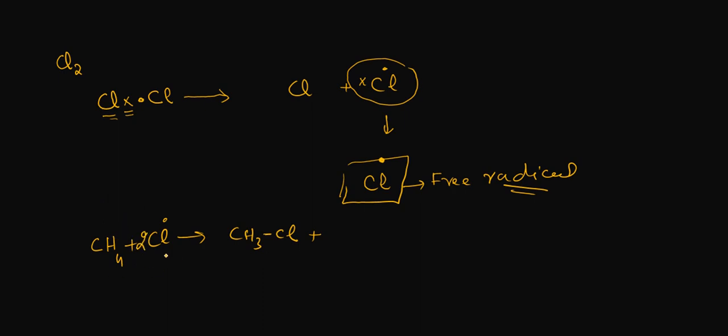To make it a little clearer, one of the chlorine free radicals will substitute a hydrogen atom and replace it, and the other chlorine will combine with the eliminated hydrogen and form an HCl molecule.